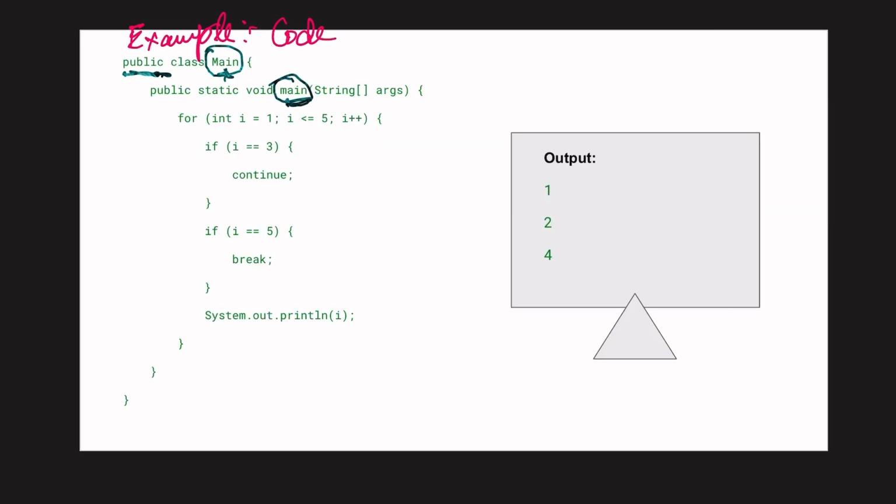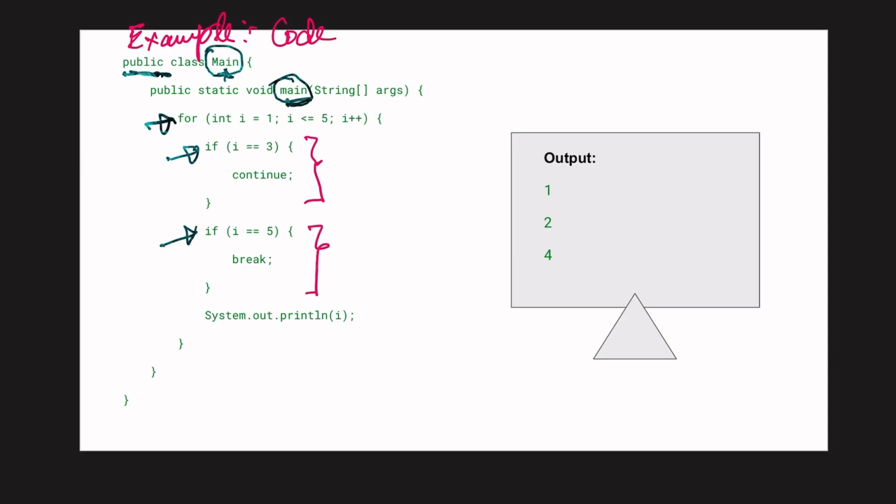So don't be confused about it. Okay, let's continue. Inside the main method we have one loop. The type of loop is a for loop, and in the for loop we have 2 if conditions. The first condition is here and the second condition is here.